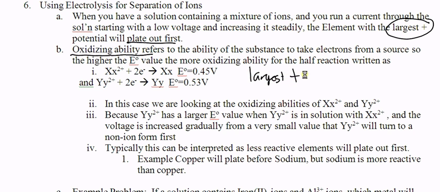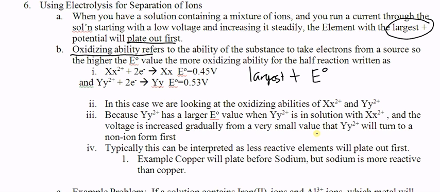Largest positive cell potential. So if we're comparing these two, double X or double Y, it would appear that double Y should be able to plate out first, should have a greater oxidizing ability.